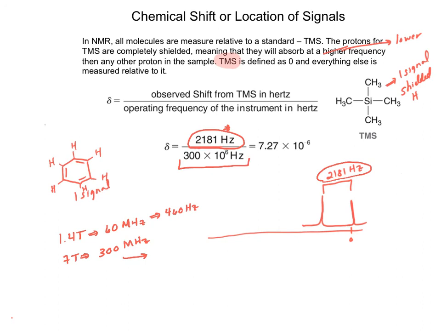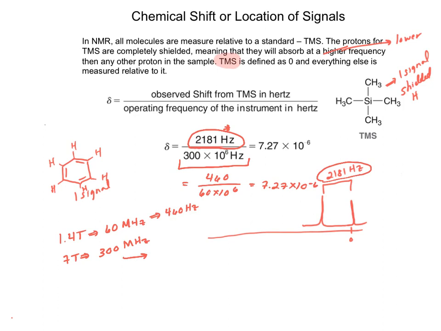When we do that for our 300 megahertz instrument, we end up with a chemical shift equal to 7.27 times 10 to the minus 6. If we did the same thing in our 60 megahertz instrument, we plugged in our 460 divided by 60 times 10 to the 6, we would get the exact same 7.27 times 10 to the minus 6 for the exact same molecule, okay?